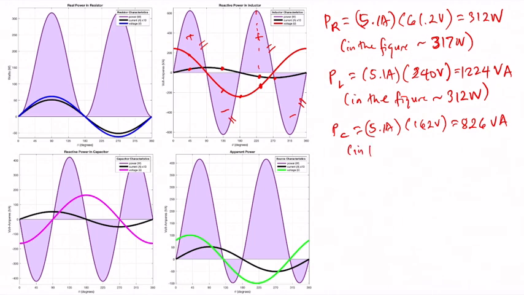But again, if you look at the figure, this is about 421 watts. Again, the reason for this is that the voltage and the current are out of phase by 90 degrees. So the maximum of these values occurs when the current and the voltage are not at their maximum.